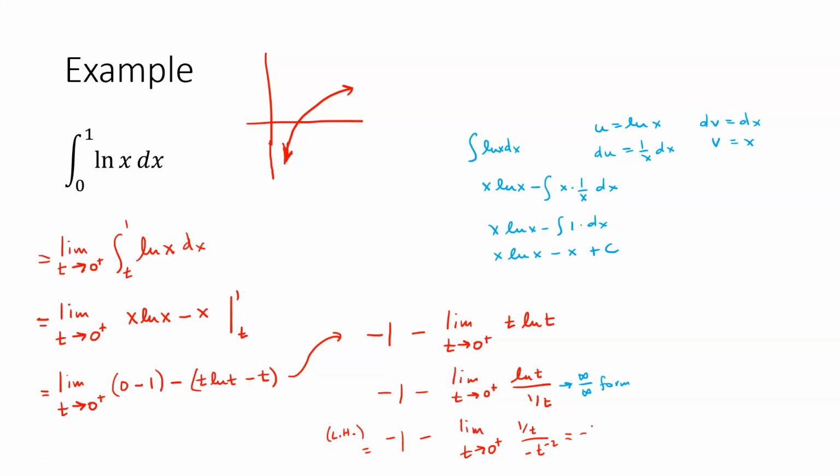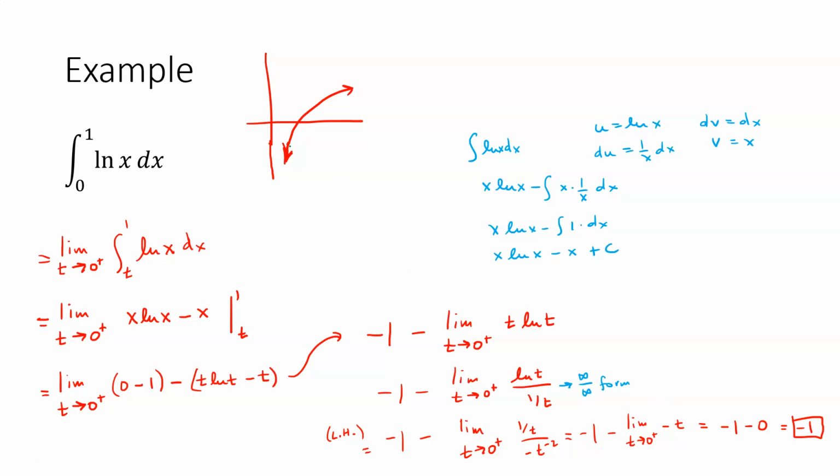And then simplifying that, we get negative t squared over t, so that'll be just negative t. And then as t goes to 0 from the right, we just get negative t evaluated at 0, which is 0. So our answer will just be negative 1.